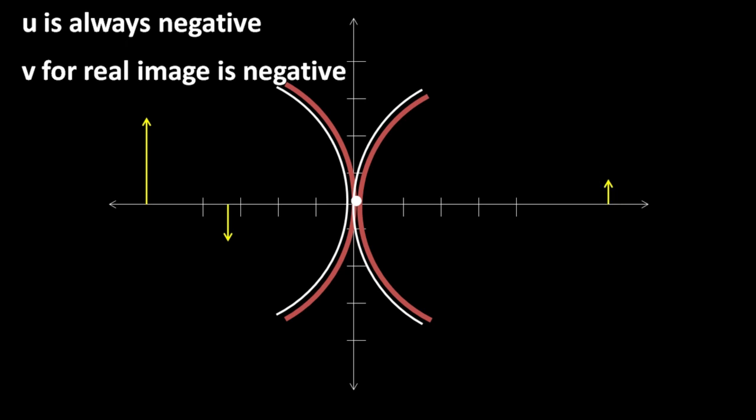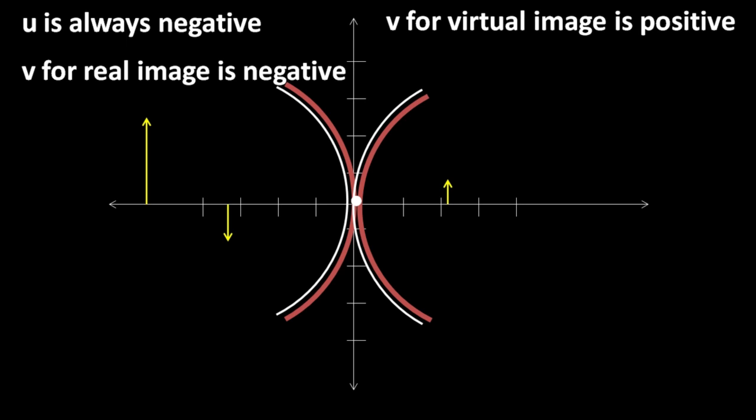A virtual image is always formed behind the mirror, that is on the right hand side. Distances on the x-axis on the right hand side are measured positive. So we get the image distance for virtual image is positive.